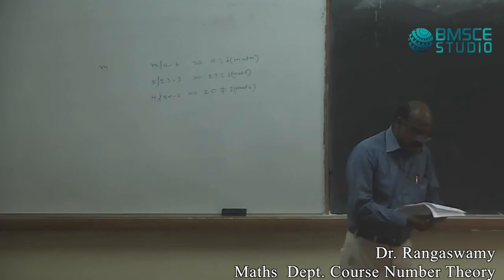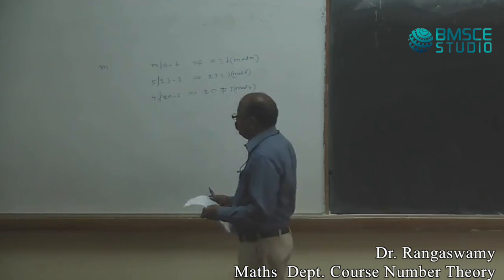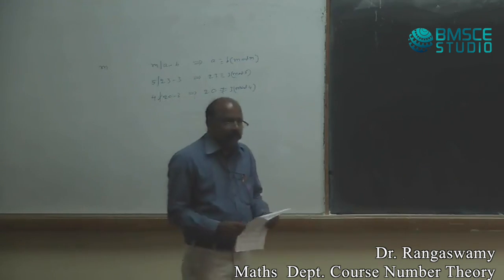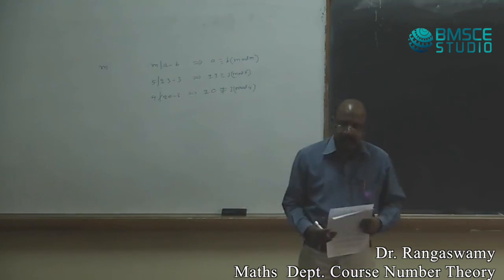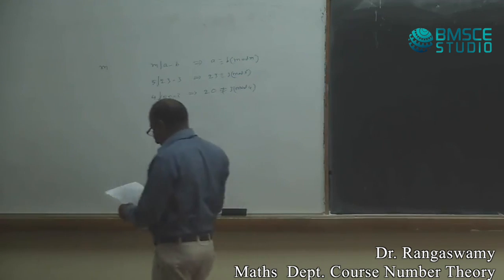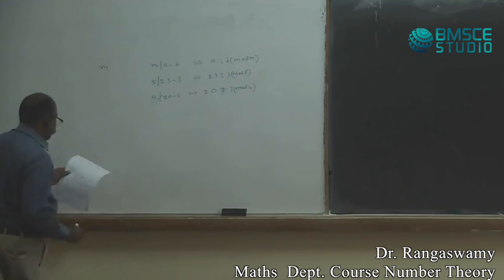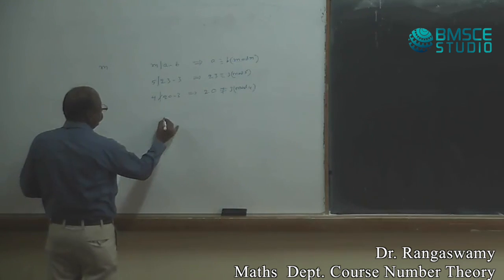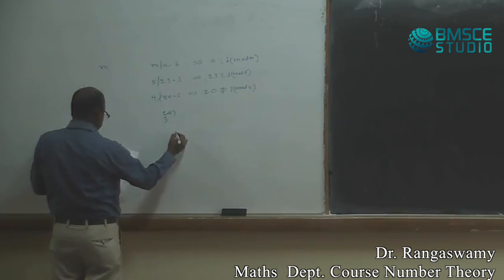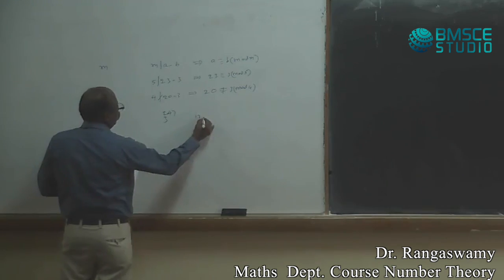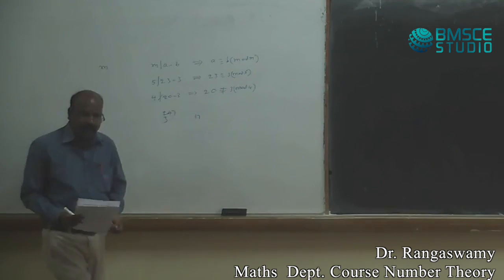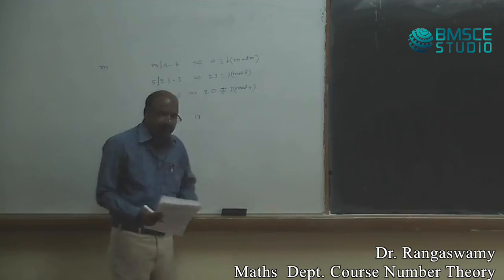Using congruence, in earlier days when we didn't have calculators or computers, they used to find the remainder or the last digit when divided by some number. For example, we can find the remainder when 3 power 247 is divided by 17. 3 power 247 is a very big number.